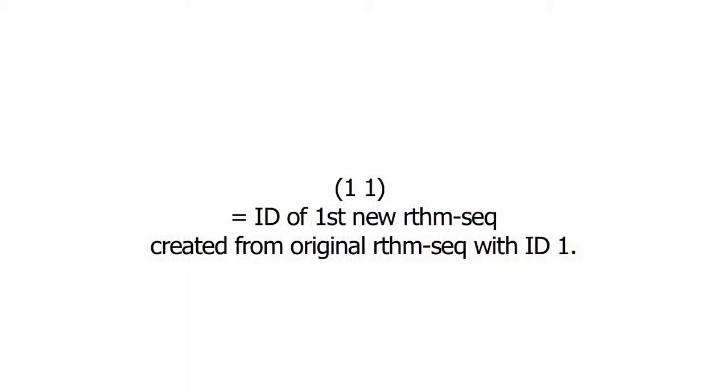So for instance, the list 1-1 would refer to the first new rhythm sequence from the original rhythm sequence with the ID 1. The list 1-2 would reference the second new rhythm sequence, the second chop, from the original rhythm sequence with ID 1. The reference 2-1 would reference the first new rhythm sequence from the original rhythm sequence with ID 2.